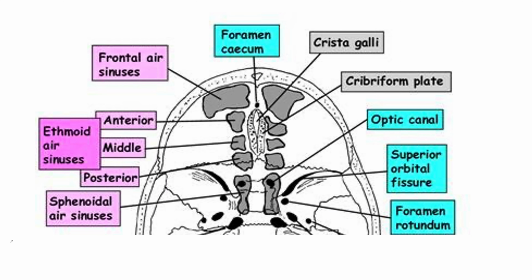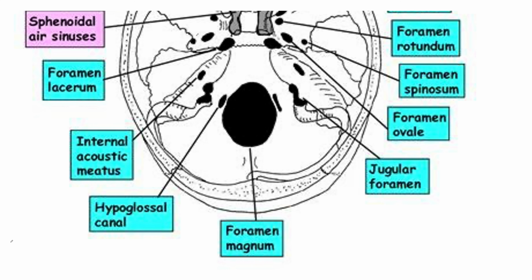This is a closer view to take a look at foramen cecum, optic canal, superior orbital fissure, and foramen rotundum. Here we look at the other foramen, foramen ovale. Right next to it is foramen spinosum. Above it is foramen rotundum. Here foramen lacerum.